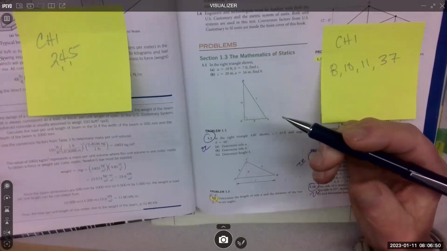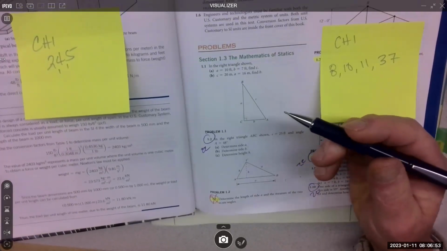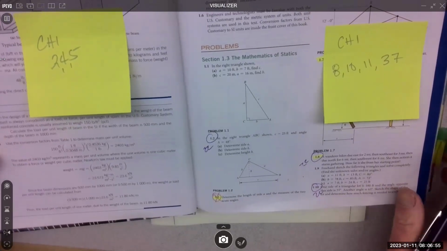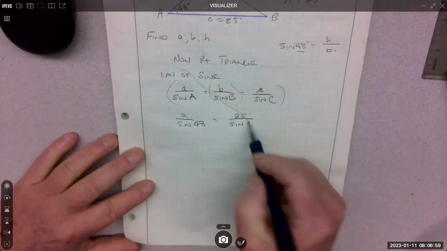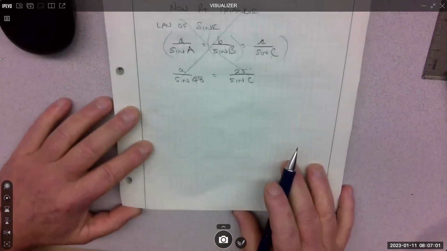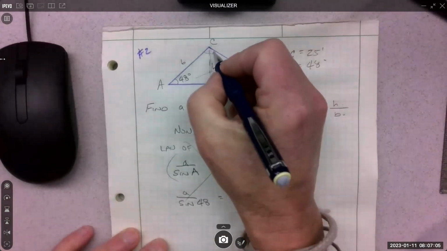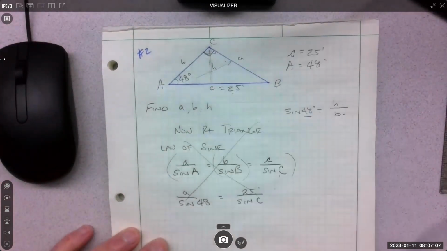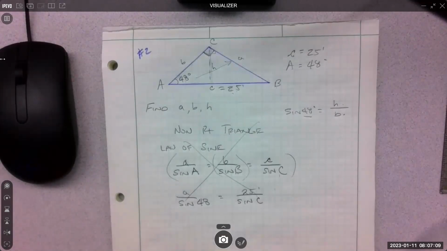Dude, it's a right triangle. I didn't even notice that. So bad. All right, we don't need that. We have a right triangle, it's just on its side. Like that. So you said use the sine law. Yeah, perfect.